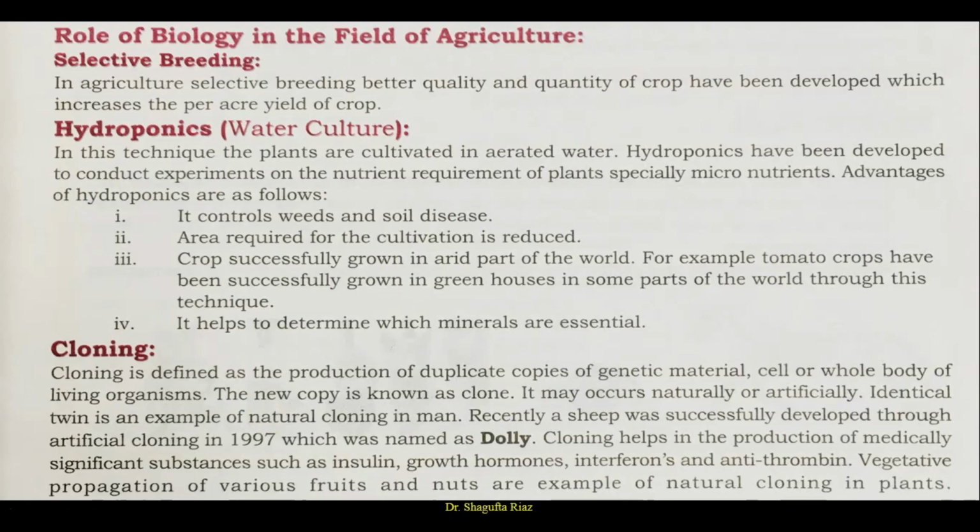We introduce that mature cell nucleus into that unfertilized egg, right? Then that egg is transferred back into the body of the female, and after the normal, natural process of development, a new individual with similar shape, structure and character will be produced, and this process is called cloning.